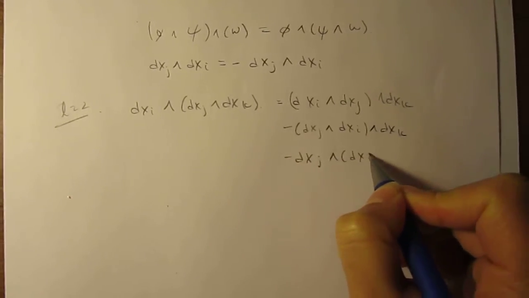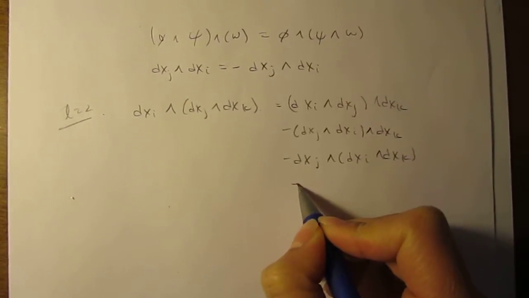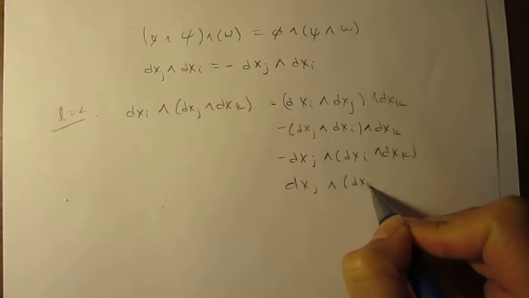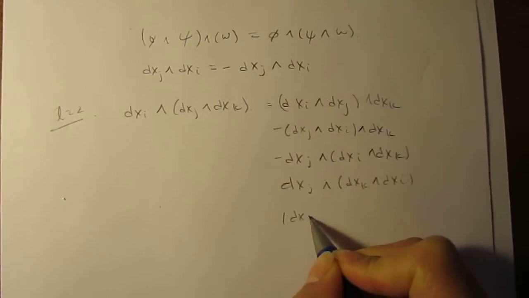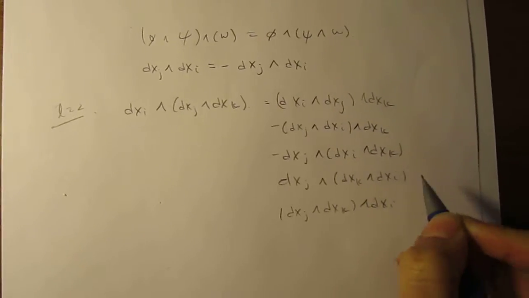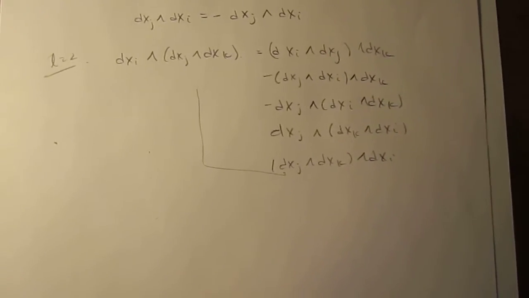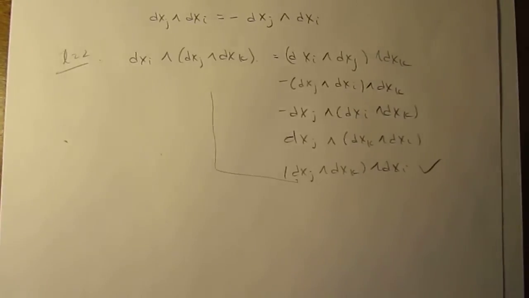Associative law again to get this. Anti-commutative law inside the parentheses. And then associative law. So the wedge product is backwards and the signs are still the same, so we've proved it for the base case where L equals 2.